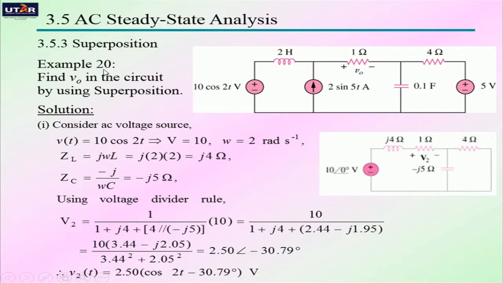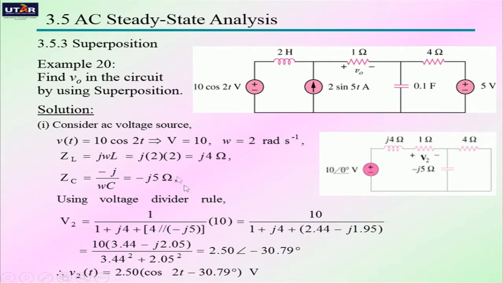Example 20 illustrates how to perform superposition on an AC circuit. Since there are three sources involved here, we can break this circuit into three smaller circuits. The first consists of only the 10 volt voltage source. The second consists of only the current source, and the third consists of only the 5 volt voltage source.